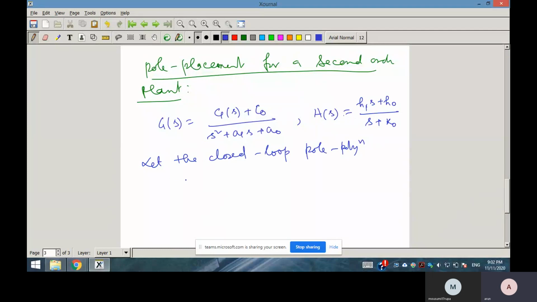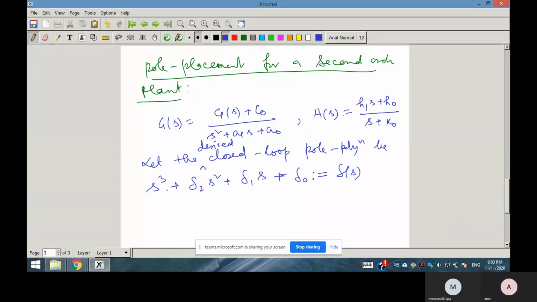So let the desired closed loop pole polynomial be s^3 plus delta2 s^2 plus delta1 s plus delta0. I am defining this as small delta(s), the closed loop pole polynomial.